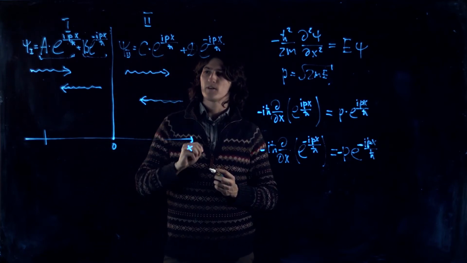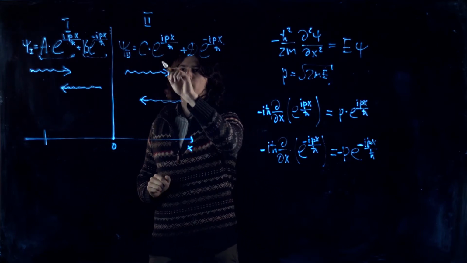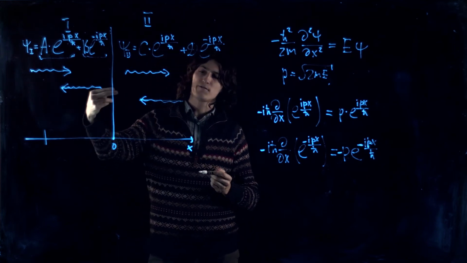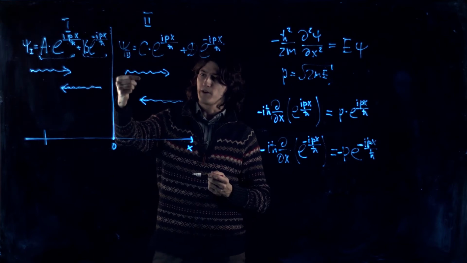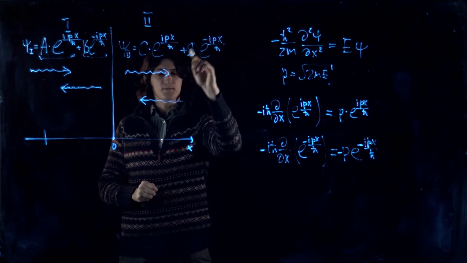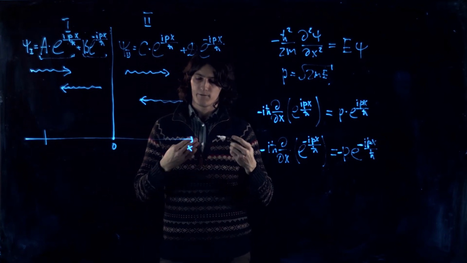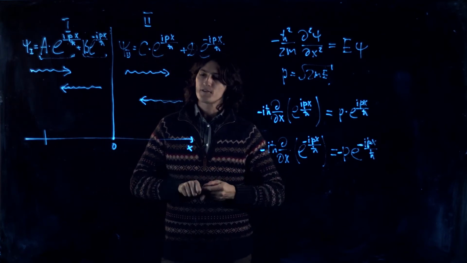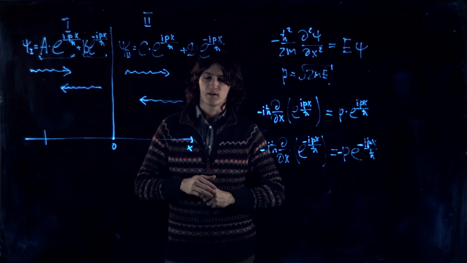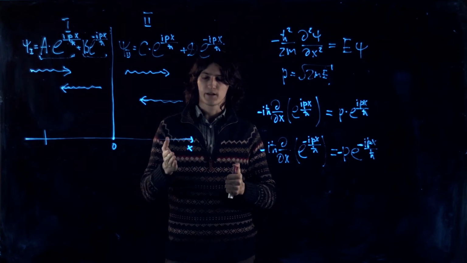The same for this region. This exponent stands for the transmitted particle that goes through the barrier from the left to plus infinity. And this exponent stands for the reflected particles. But for this reflection, there is no object at plus infinity to reflect from.